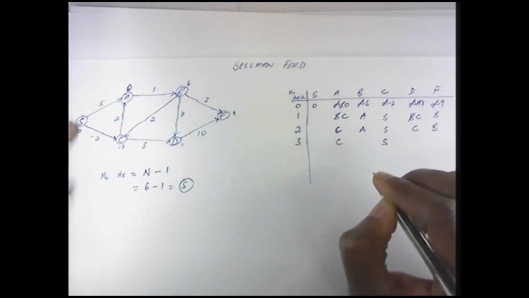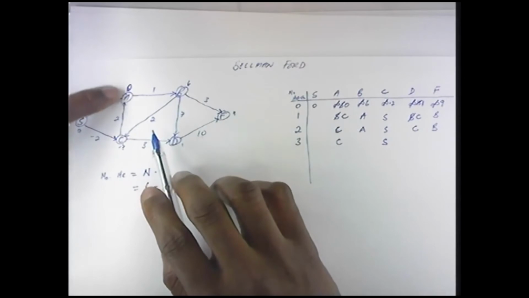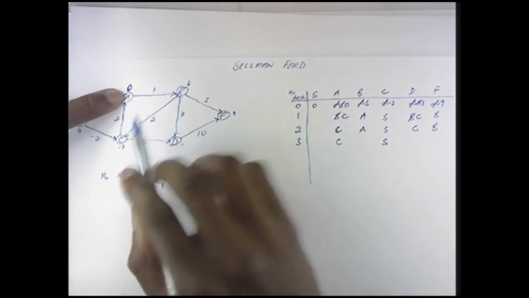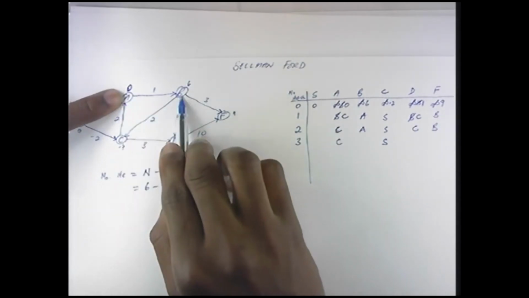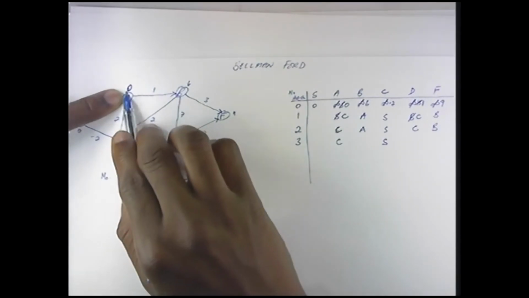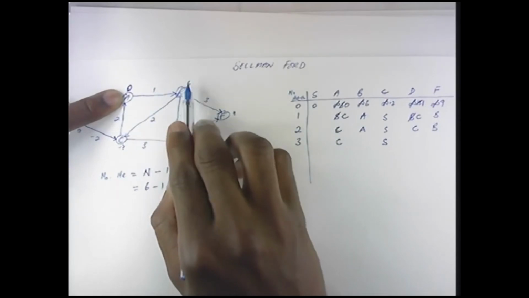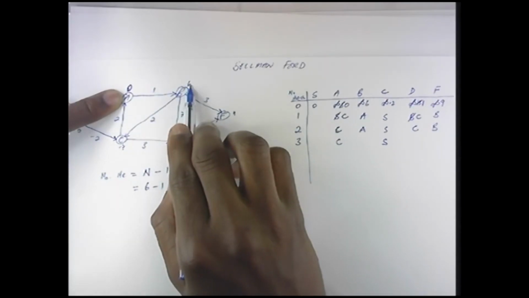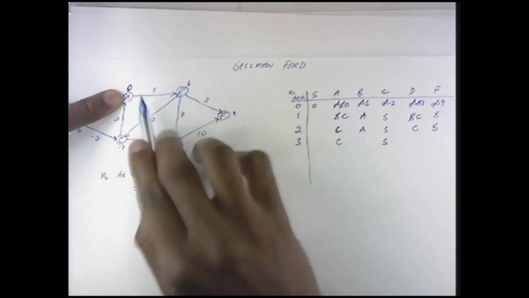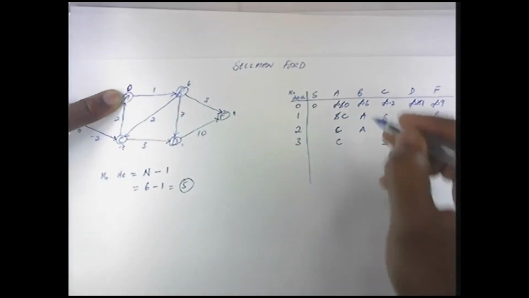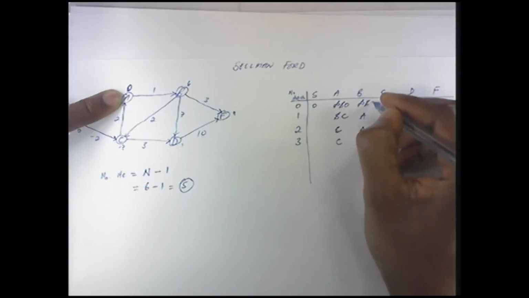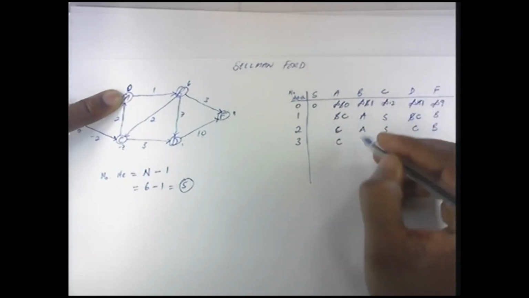And that is S. We are done with S. We go to A. A has one outgoing link to B. Now 0 plus 1 will give us 1. Now 1 compared to 6 is 1 is smaller than 6. So we are going to update B to 1, and that is coming from A.